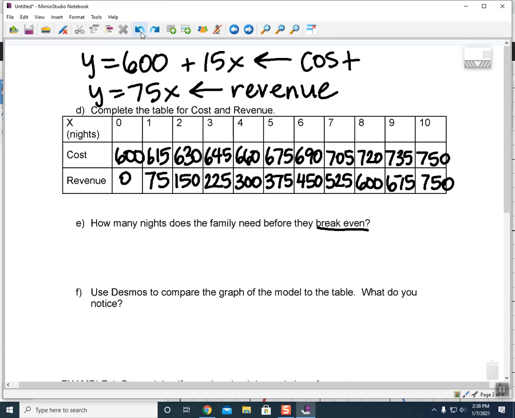That's break even. So really what we're looking for is, where are they the same? Well, they're the same over here at 10 days. So after 10 nights, I have broken even. I made $750, and it also cost me $750, so I have broken even.